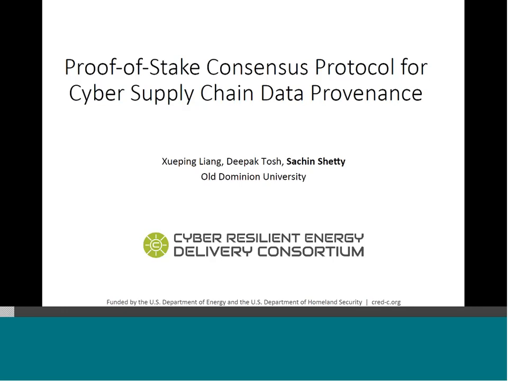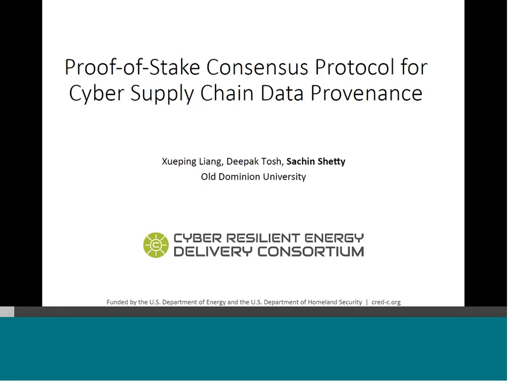Thank you, Rowan. So the title of today's talk is Proof of Stake Consensus Protocol for the Cyber Supply Chain Data Provenance. This is work that was conducted under the Assured Cyber Supply Chain Provenance project using blockchain.